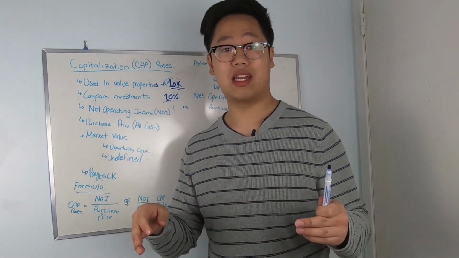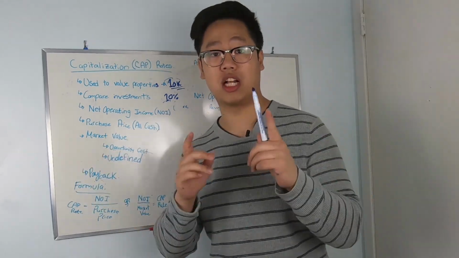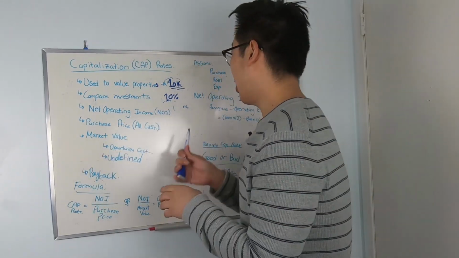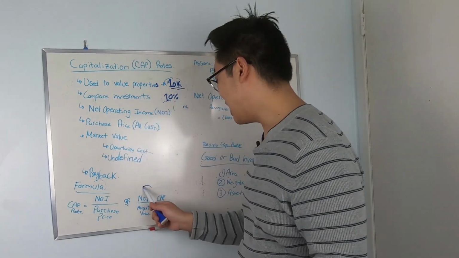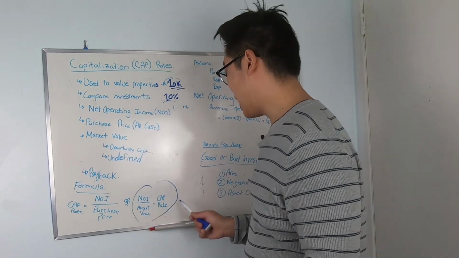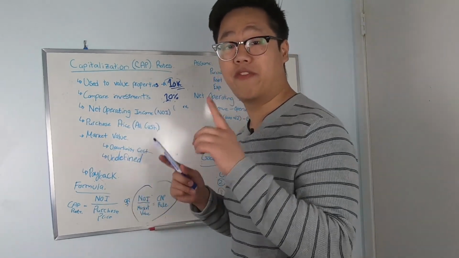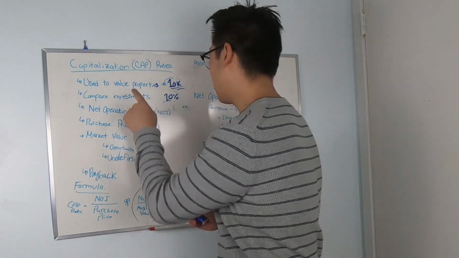So if we know that properties comparable to ours in our area and neighborhood sell for a 10% cap rate, and our property is generating a 10K NOI, we could actually reverse engineer this formula of NOI divided by market value equals cap rate. So we can work backwards and figure out what the market value of the property is. Hence, we can value the property.